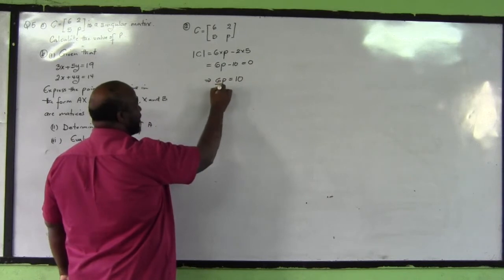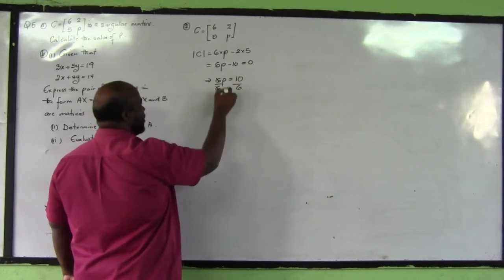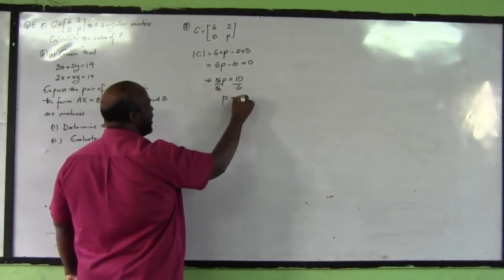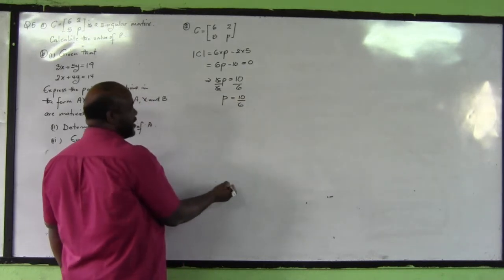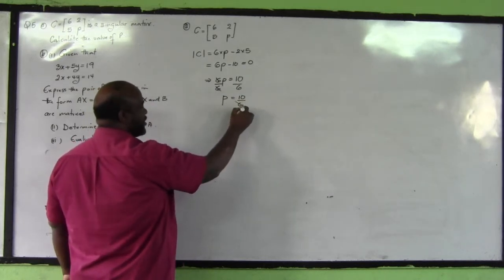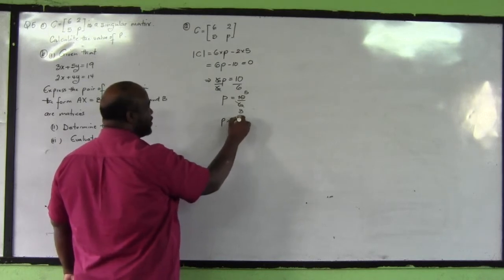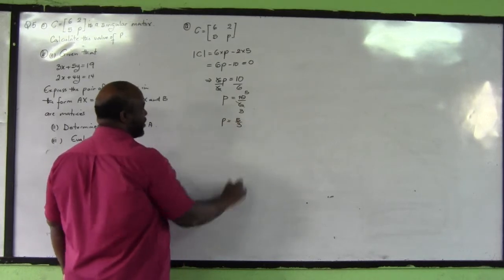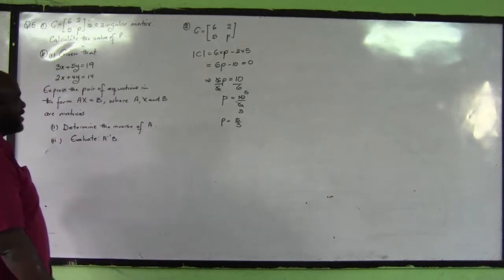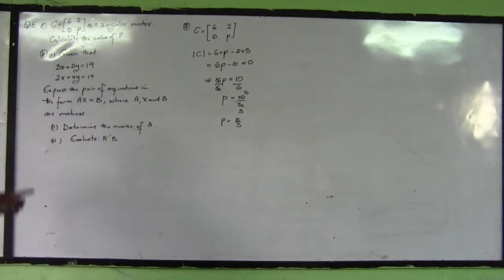Then I'm going to divide both sides by 6. So P is equal to 10 over 6. Let's simplify. 2 into this is 3, 2 into this is 5. P is equal to 5 over 3. So for C to be singular, P has to be equal to 5 over 3.